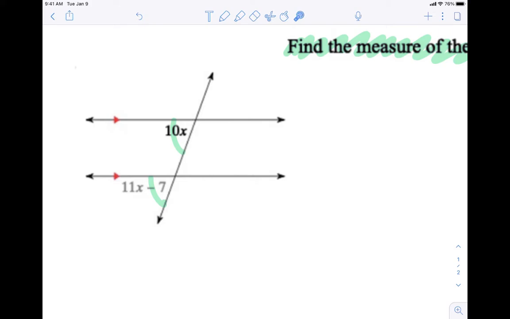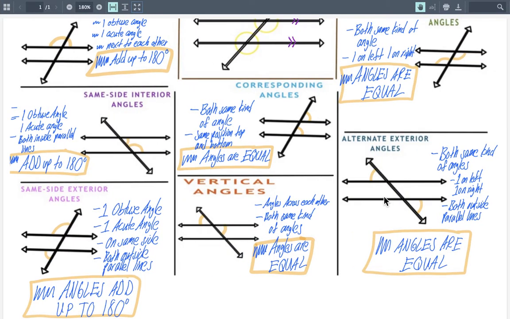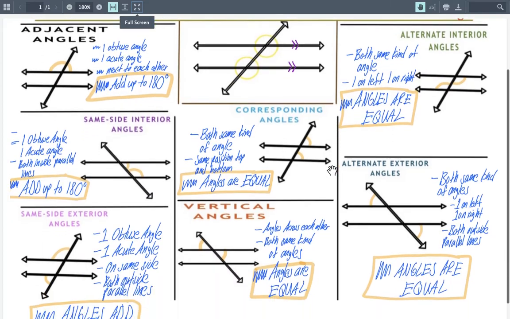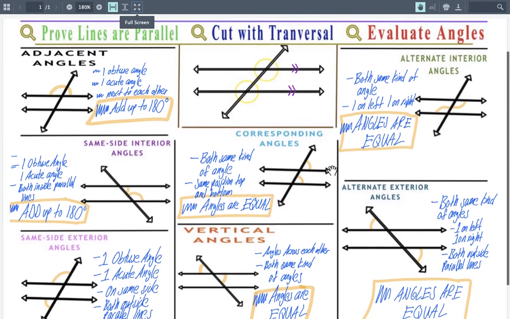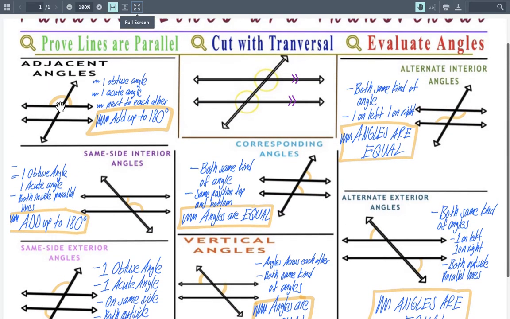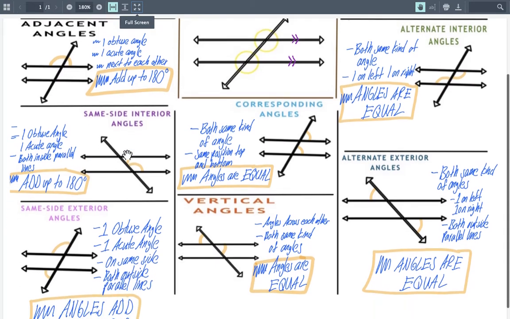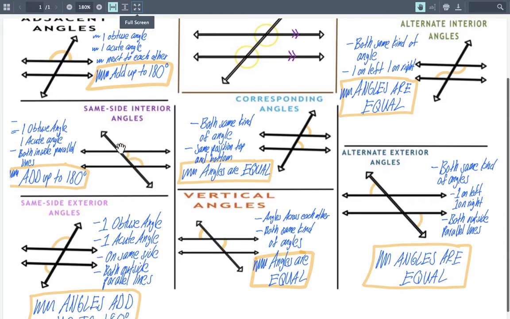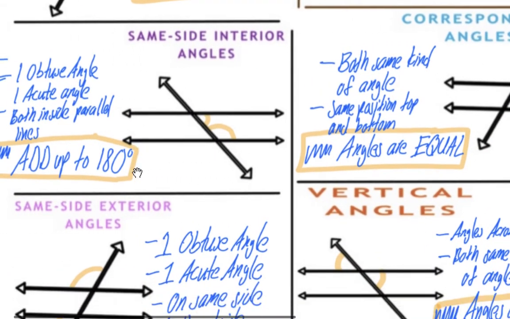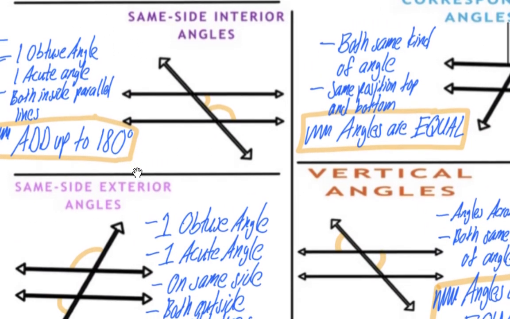So I have my notes already open here, ready to go, which you will have as well for the assignment. So let's see. One inside, one outside. No, these are both outside the parallel lines. These are both inside the parallel lines. Okay, so that's not it. Let's see.